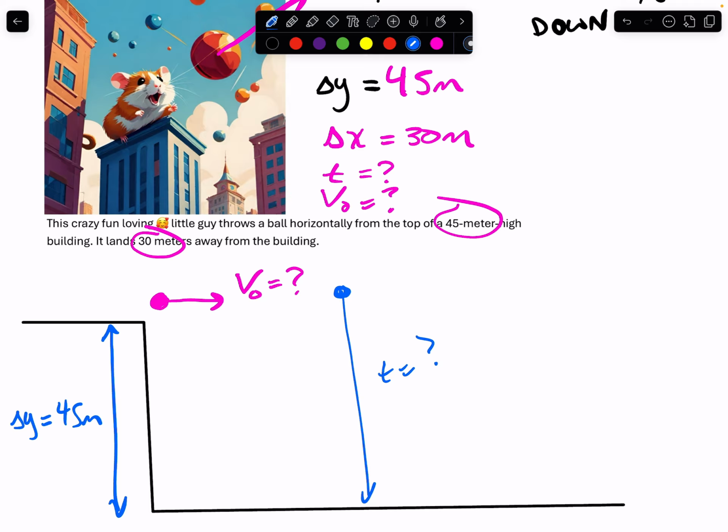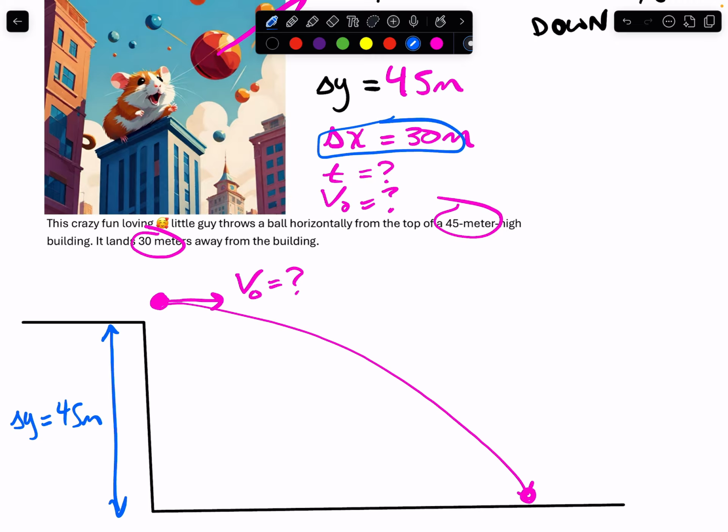And then the ball moves along a parabolic path through space. It's actually moving through space-time. How crazy is that? So that path is like this. And we know how far away it lands this time. That's delta x. So delta x here is 30 meters.